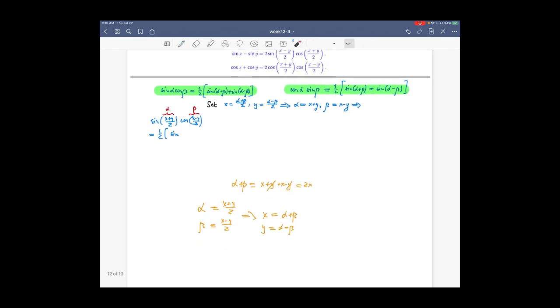Well, alpha plus beta is x. And alpha minus beta, that's y.